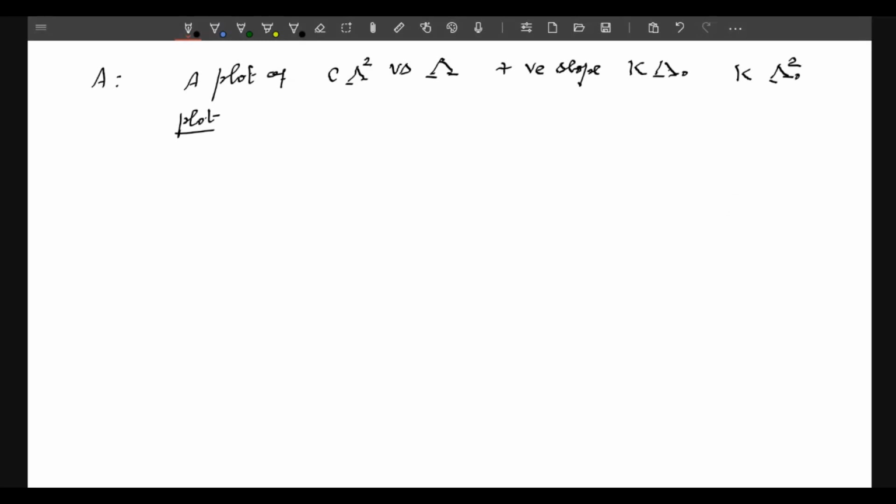Or simply I will put it in another way. What is the plot and the nature of the curve?